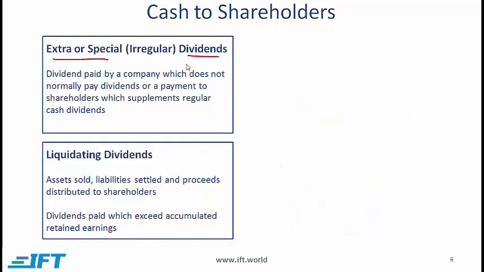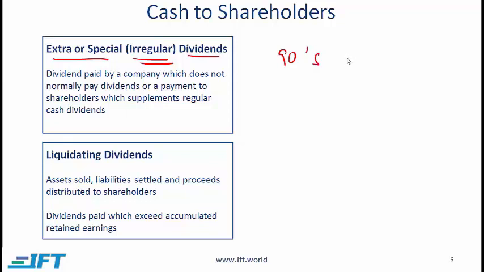Extra or special dividends, these are also called irregular dividends. This is a dividend paid by a company which does not normally pay dividends, or payments to shareholders which supplement regular cash dividends. Let us look at a simple example. In the 90s, Microsoft did not pay any dividends, but it had built a huge amount of cash and wanted to give some of that cash to shareholders.